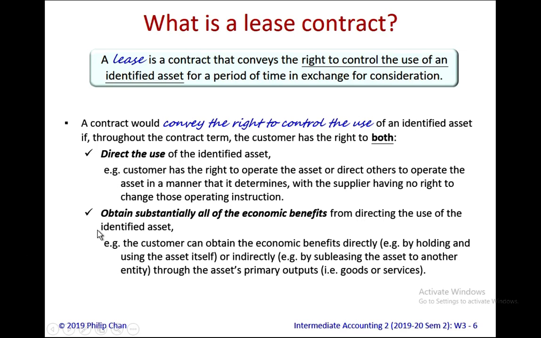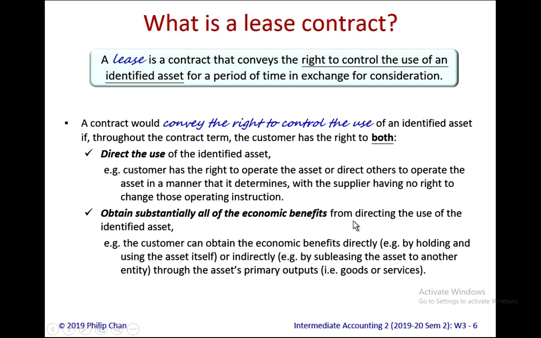And number two, you can obtain substantially all of the benefit. You don't just use it, but you can obtain the economic benefit from directing the use of that asset. The customer can obtain the benefit directly by holding or using it, or indirectly by subleasing that asset to another entity, and in that case, the customer can obtain a rental from another customer, the sublessee.